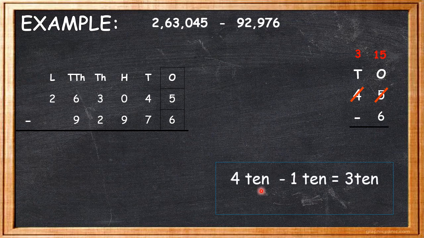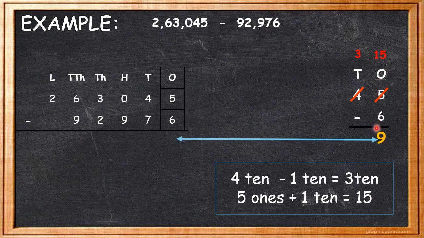Children, here is just what I have explained: 4 tens minus 1 ten, that is 3 tens, we have written here. And then 5 ones plus 10 is 15 ones. So 15 minus 6 is equal to 9.